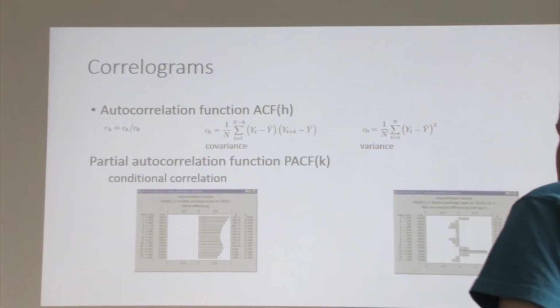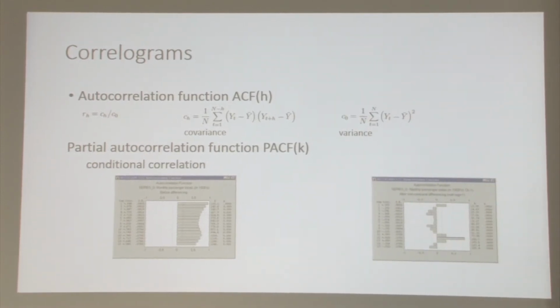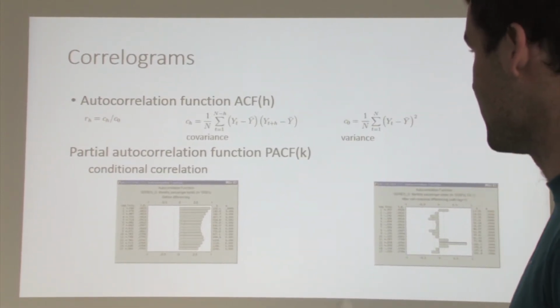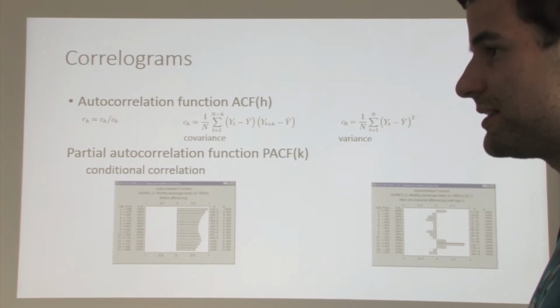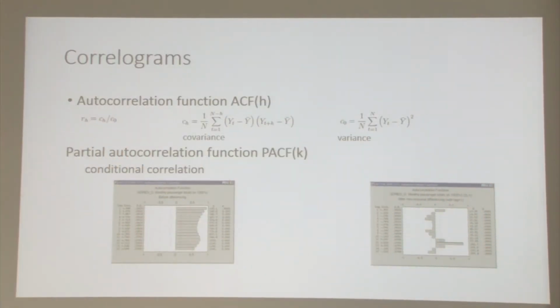On the next slide we will have an example of such a correlogram, and of course the formulas for autocorrelation. It's basically what we have taught in statistics: covariance divided by variance, and this is the example of a correlogram.